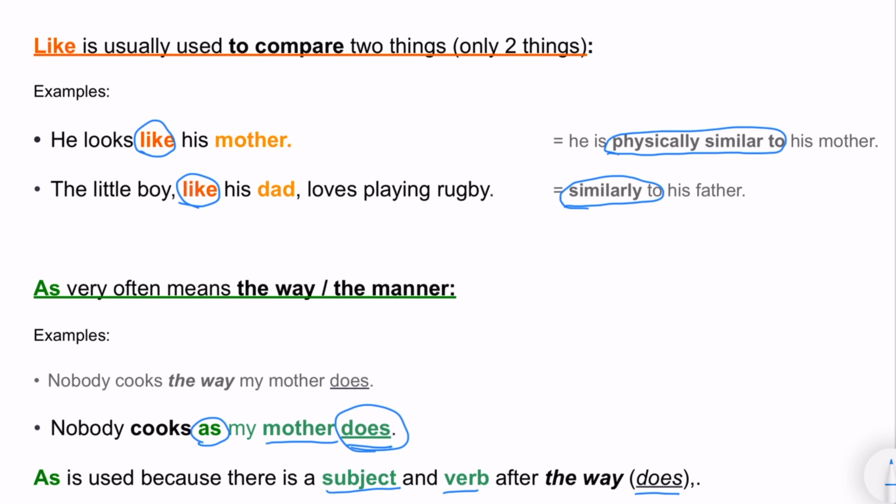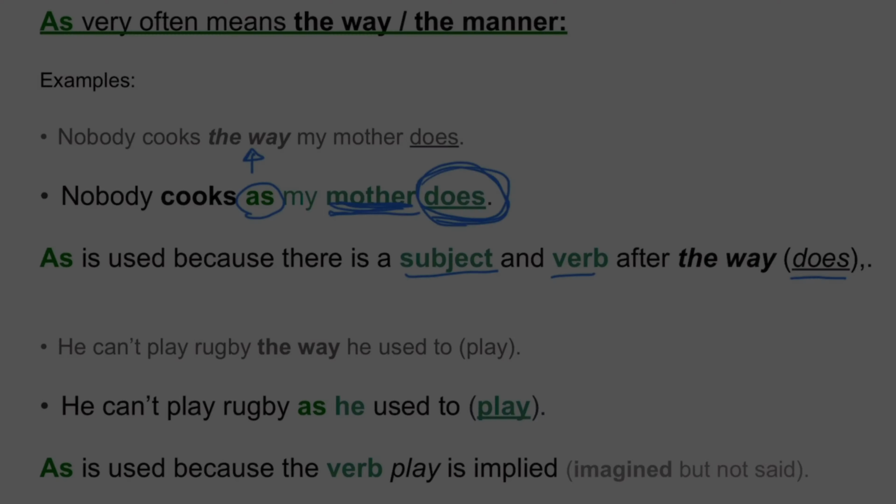So nobody cooks as my mother does means nobody cooks the way my mother does. Here in the first example with like, there was only a noun, whilst in the second example there was a noun and a verb.